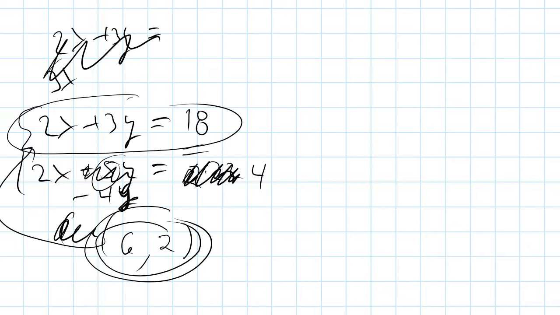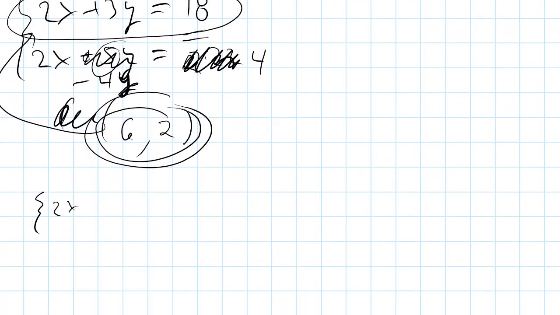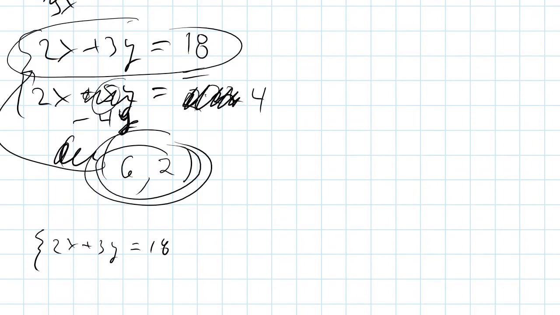Okay. So now I've created a system of equations. Let me make that a little bit neater. 2x, oh wait, sorry about that. I don't want to have 2x here. That makes it too easy.